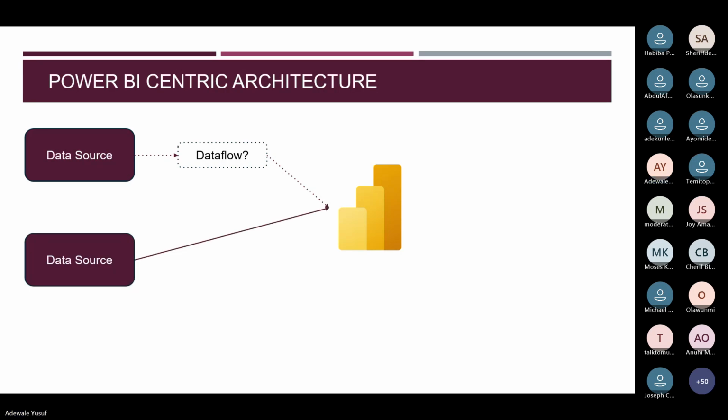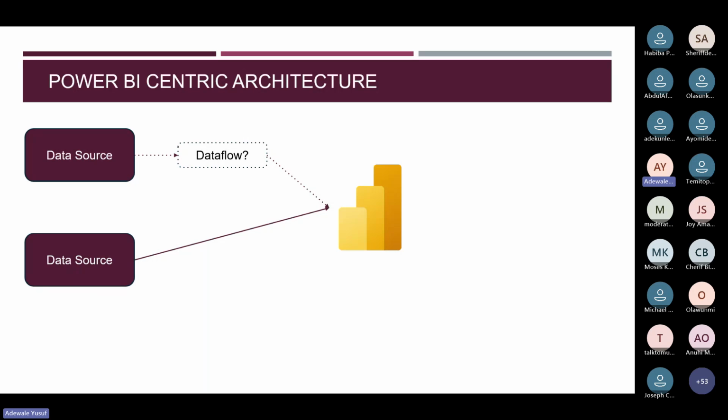Now, you can also connect your Power BI Desktop to a data source directly, which is what most of us are doing right now. So you got data from Atlanta Police Department, you got data from Wikipedia, you got data from World Bank, you got data from different places. It can be different data sources, right? And you're connecting that directly into your Power BI Desktop.